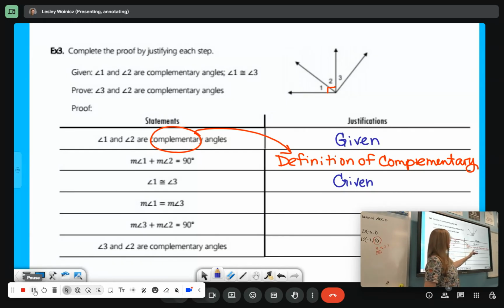Some people like to use them as they need them strategically. Does it matter? No. So here's the thing. You can't use it in your evidence until you've put it in your proof, right? So there are certain things that have to go before other things. But other pieces of the puzzle are kind of independent of each other. Like, I have to put on my socks before my shoes, right?